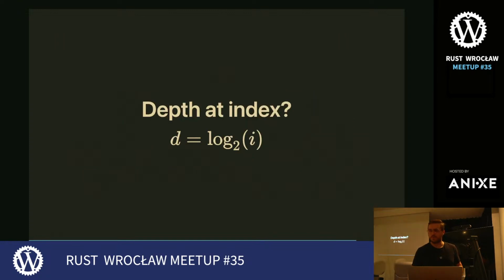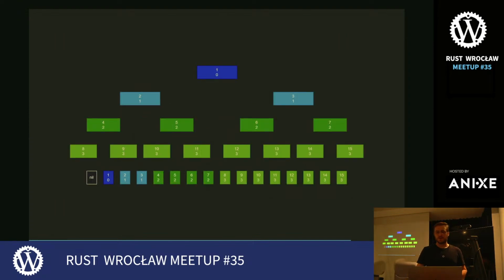It's a floor of a logarithm of base 2, right? Because given that the next level starts with the next power of 2, it stands to reason that all the indices in this level, when logarithmed, will give you a power of 2 plus some decimal points.